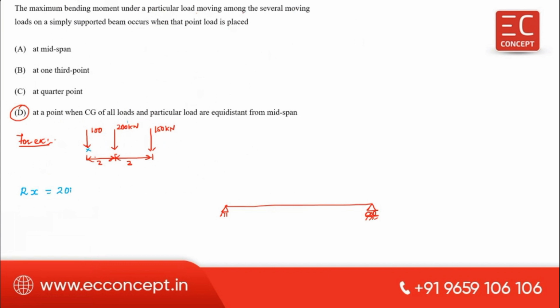That is 200 into 2 plus 150 into 2. But this 100 has its line of action through this point, therefore it will not produce any moment. So which is equal to 400 plus 300, 700, divided by the resultant, which is equal to 300 plus 450.